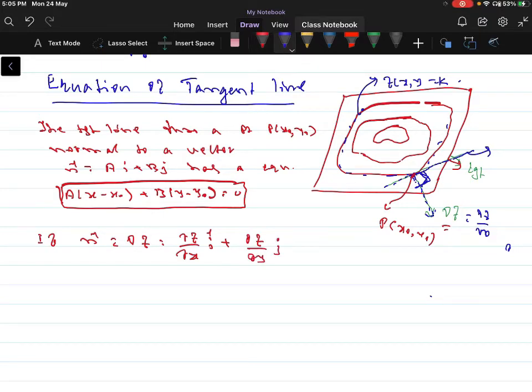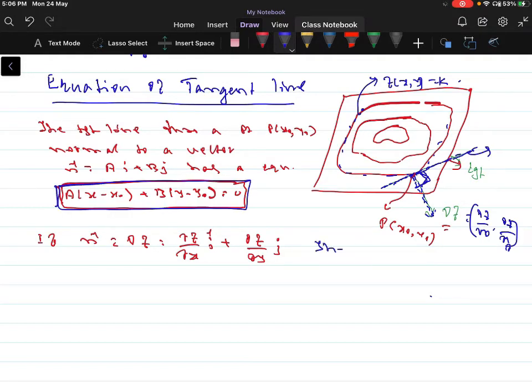From the figure you can observe that f(x, y) is equal to k. K will define the level curves in the xy plane. Take any point on the level curve, we can draw the tangent. The tangent line is perpendicular to the gradient of f, where gradient of f is equal to (∂f/∂x, ∂f/∂y). So tangent and gradient are perpendicular.